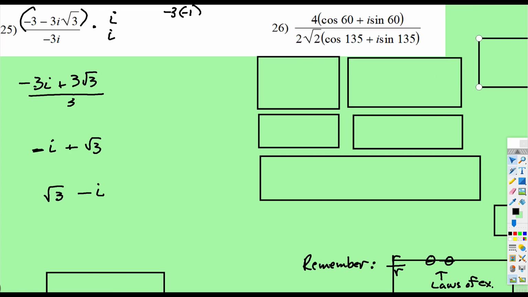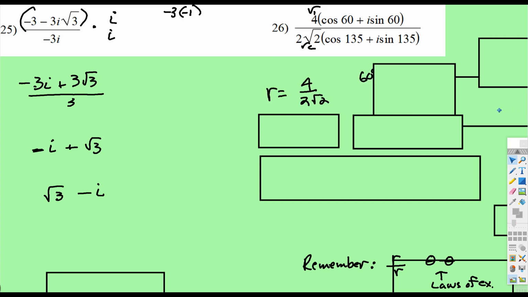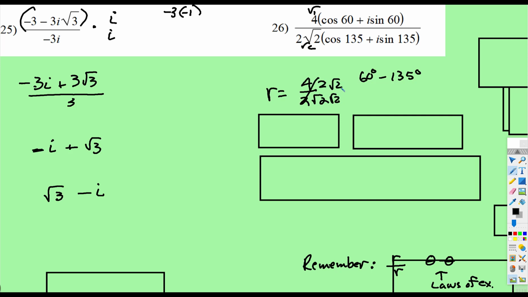All right, let's do one of these. We're going to do a division one. So remember, this is the r1, and this is r2. So the r's get divided, and then the thetas get subtracted. So 4 divided by 2 leaves 2, and 2 over root 2, you'd multiply top and bottom by root 2.